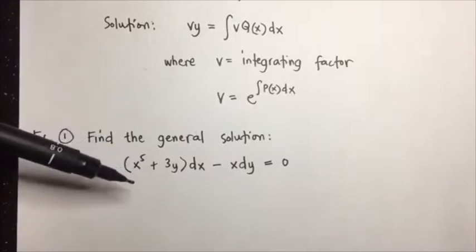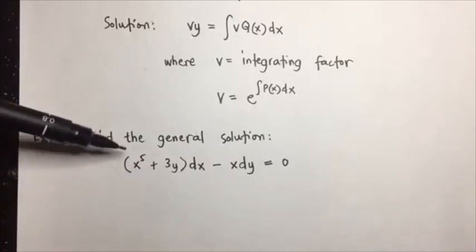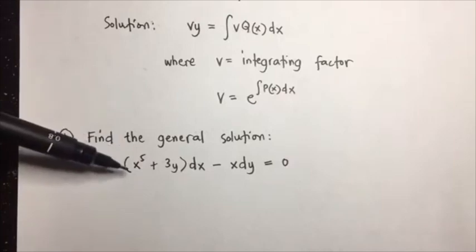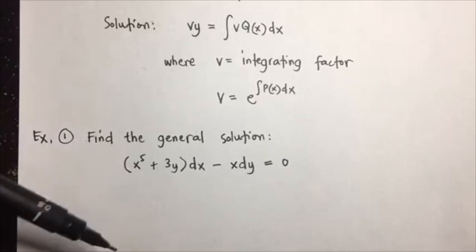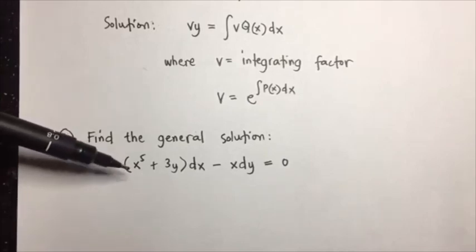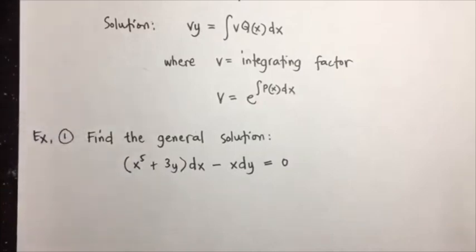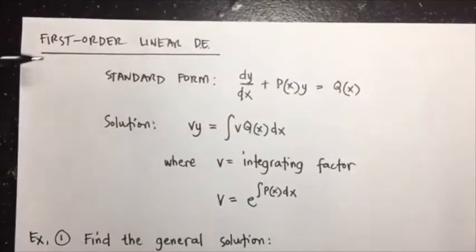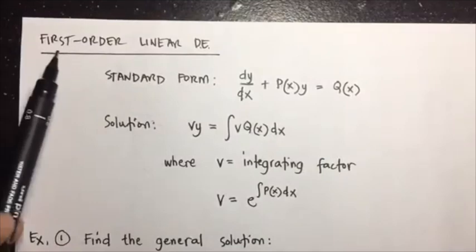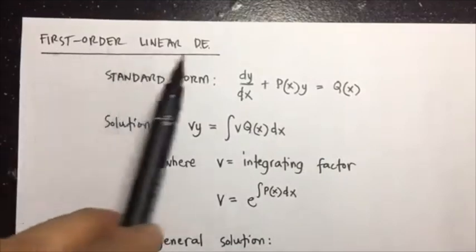If it's not variable separable, then you need to test if it is homogeneous. If it's not homogeneous, then you can try exact differential equation, and if not, the next test that you will do is see if it's a first order linear differential equation.